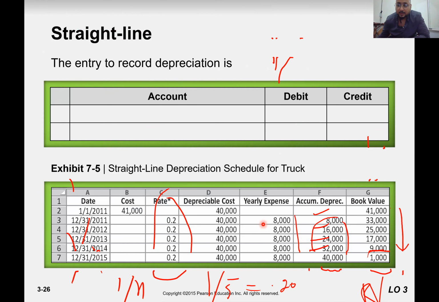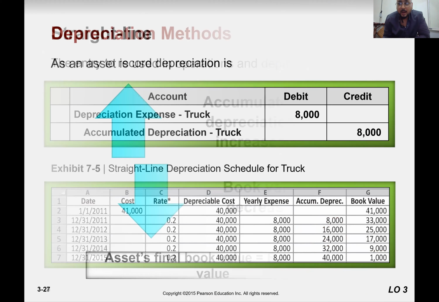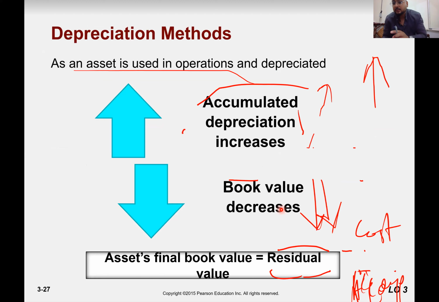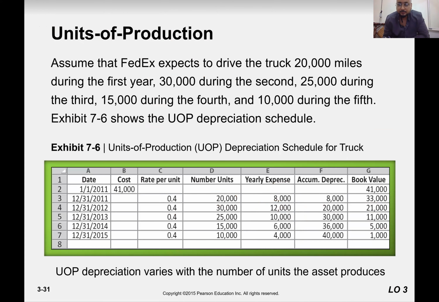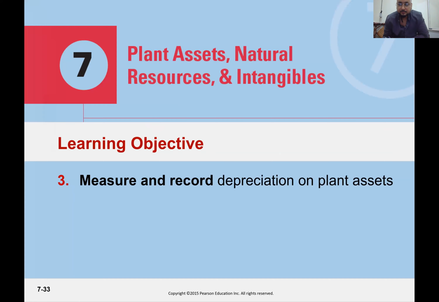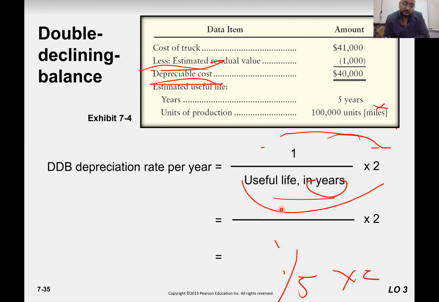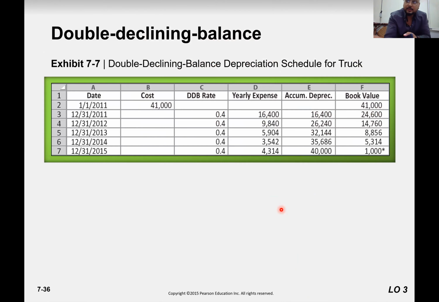So it means the double declining method has the highest depreciation in early years. In the ending years of the life of the asset, the double declining depreciation is lowest.